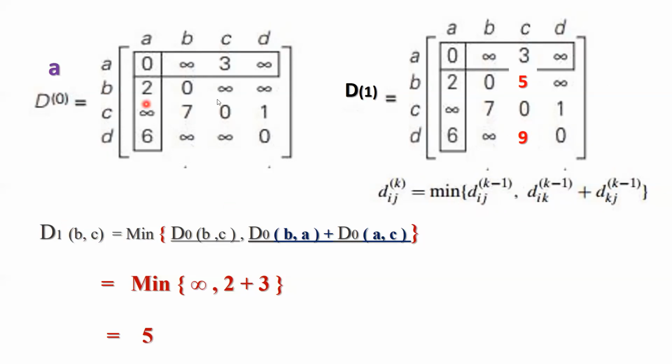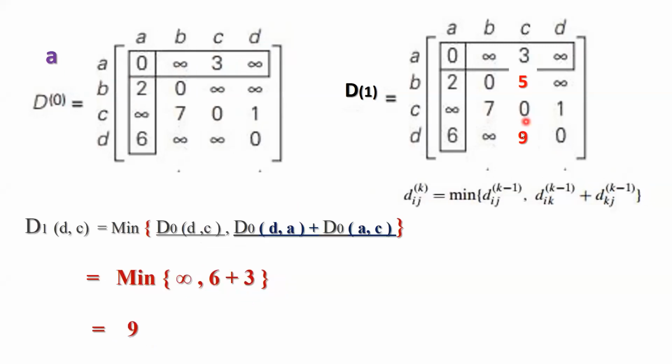First, the value B to C as it is, which is infinity. Then B to C by considering A as intermediate, that is B to A and A to C. B to A is 2, A to C is 3, 2 plus 3 is 5. Infinity and 5, when compared, 5 is minimum, and I am updating 5 here. Next, in the next step I shall check D to C.